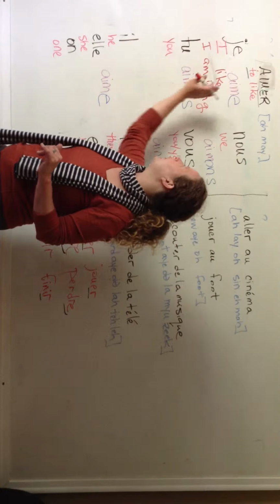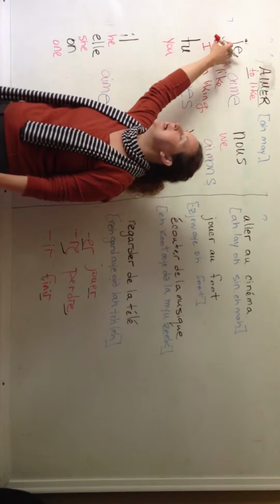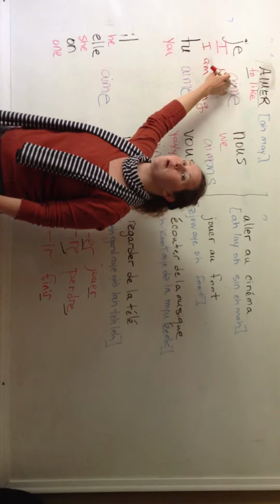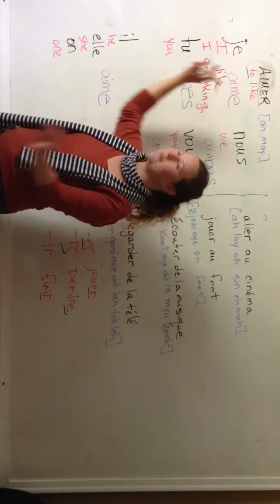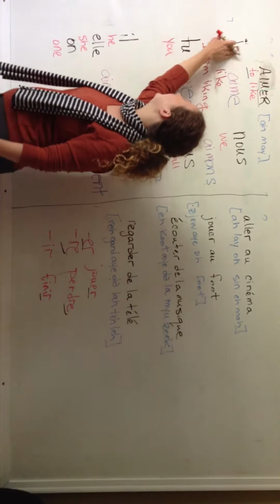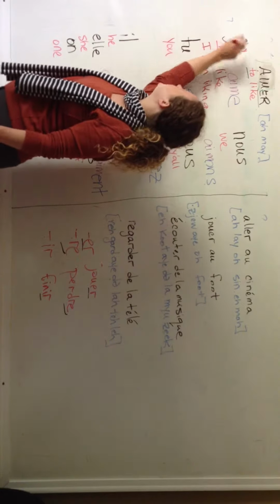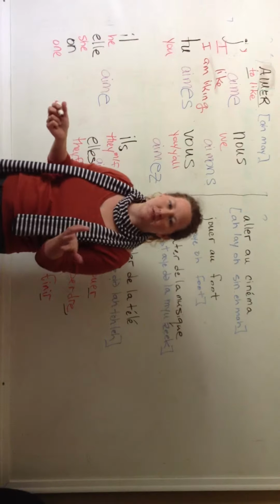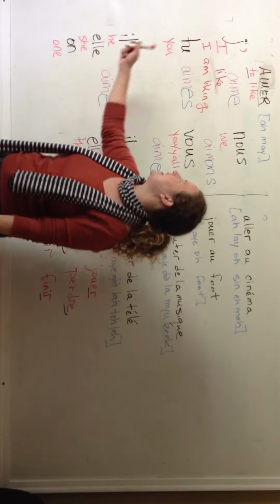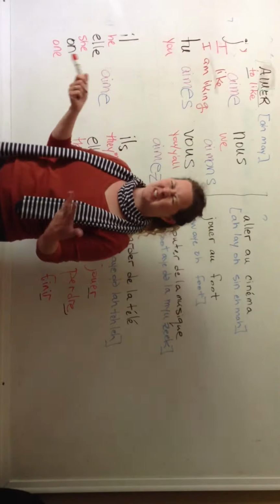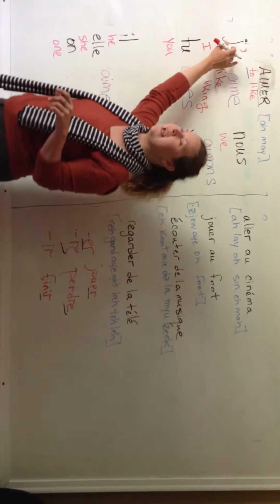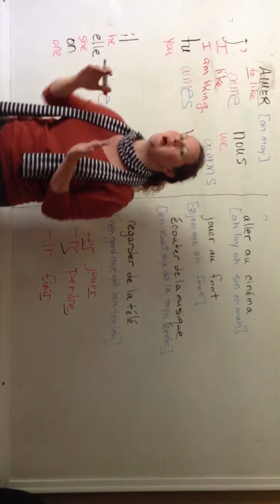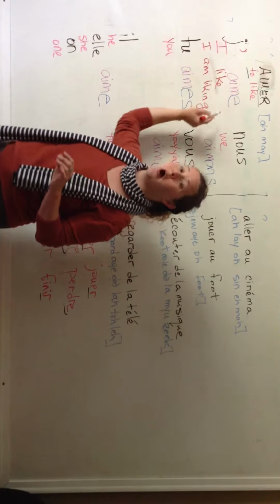Now, when you have je next to a verb that begins with a vowel, you take off the e and you make an apostrophe here. And this is what makes French sound French. Because if I said je aime, that doesn't sound French, that sounds weird, right? But if I take that e off in order to run them together, I get j'aime.